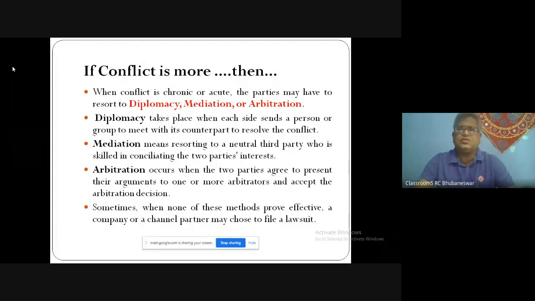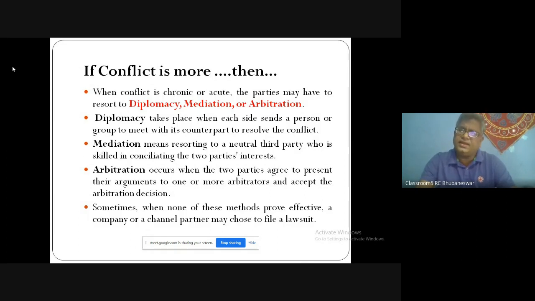Through mediation, with a third party, a mediator or a neutral person, your conflict can be solved. And through the arbitration process, the parties also accept the decisions. For example, that is a bigger conflict. Put this sentence into Google: what is the conflict between Apple and Samsung?